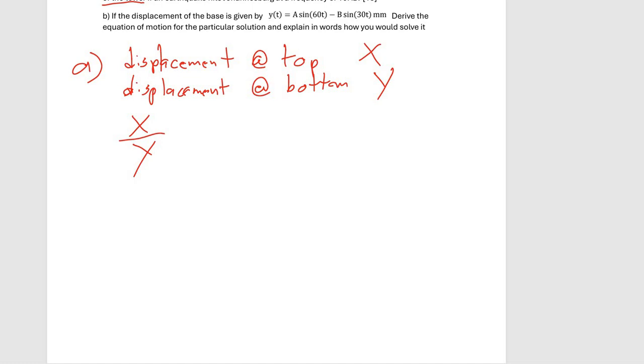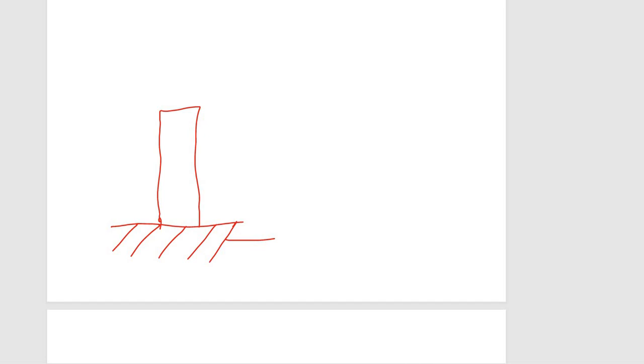So let's take, for example, just to digress a little bit, a building that is entrenched in the foundation. As an engineer, ideally you would want the building to be designed in such a way that if we have an earthquake, and let's say that earthquake is going to cause the ground to have a displacement y, the ground's displacement.